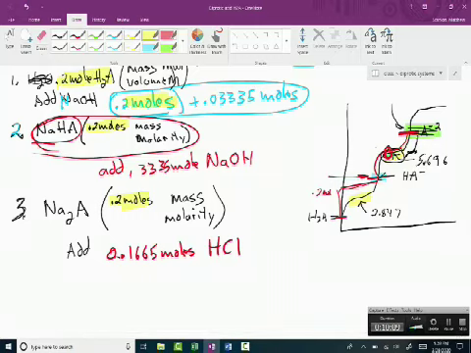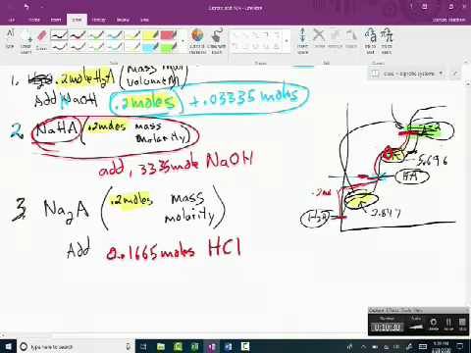I can ask you to go from anywhere to anywhere. I can go from A-2 to 2.847, HA minus to 2.847, or I can go H2A to 5.696, HA minus to 5.696, A minus 2 to 5.696. So however that works out is what you have to do.